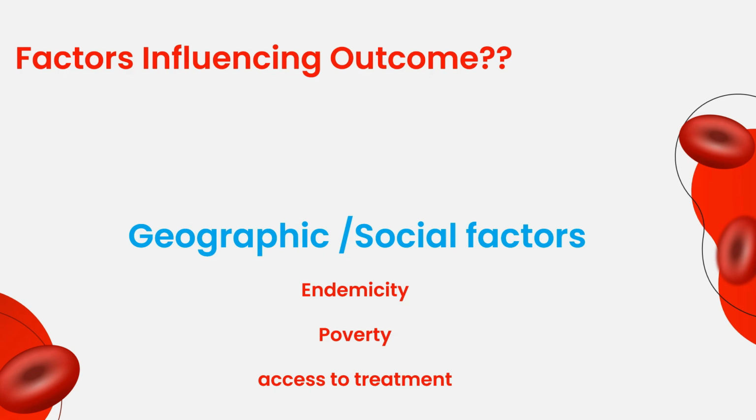In regions with high Plasmodium transmission, most people develop immunity over time. However, severe malaria remains most common among children under 5 years old and pregnant women. On the other hand, in areas with low transmission or among travelers to endemic regions, people of all age groups are at risk for severe malaria.